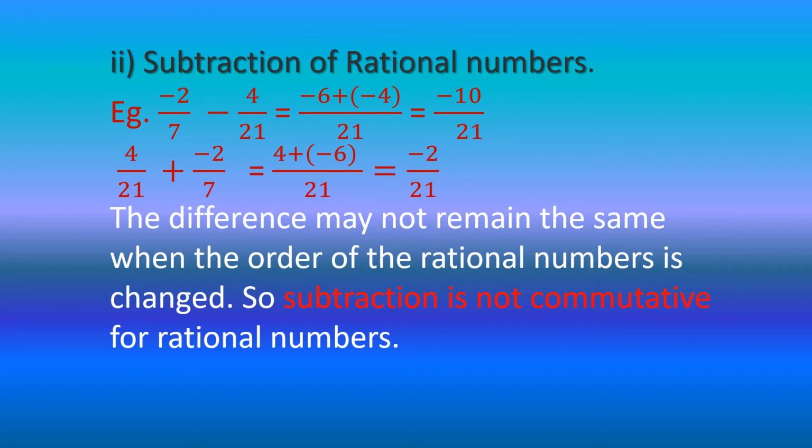Whereas in the second case, we subtract negative 2 by 7 from 4 by 21, which gets you the answer negative 2 by 21. That means the difference may not remain the same when the order of the rational numbers is changed. So, we say subtraction is not commutative for rational numbers.